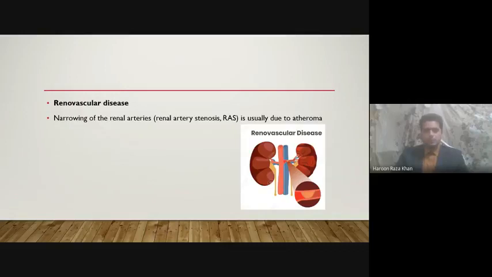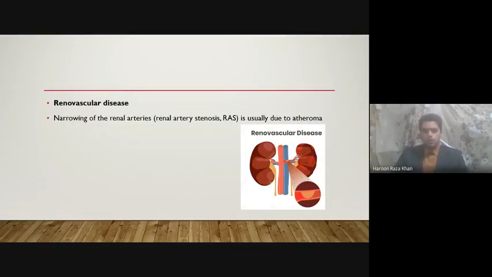Next, we will discuss in detail the renal vascular disease. Now, what is this renal vascular disease? Mainly it is the narrowing of the renal arteries, usually due to atheroma, and classically occurs in patients with evidence of generalized atheroma, for example, peripheral vascular diseases or coronary artery diseases.